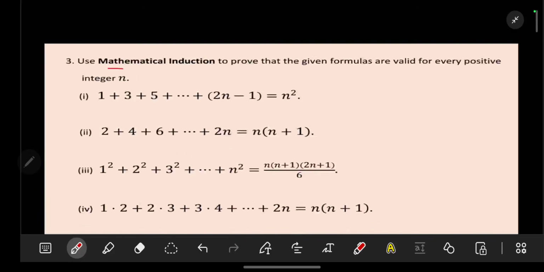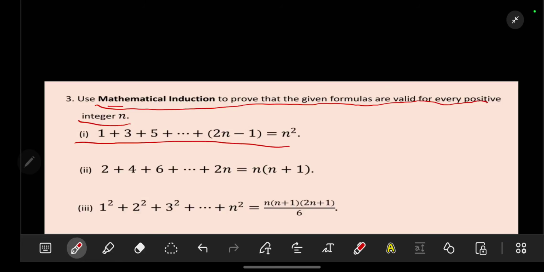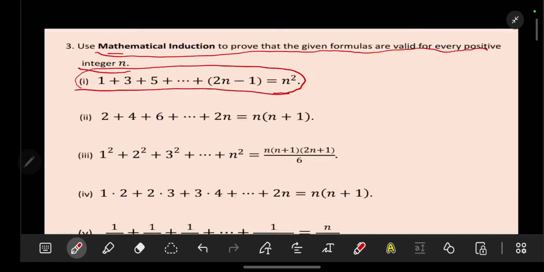So let us begin. Let's say you have this question. We have question 1, which says use mathematical induction to prove that the given formulas are valid for any positive integer n. So we want to see whether the formula is correct for the integer.